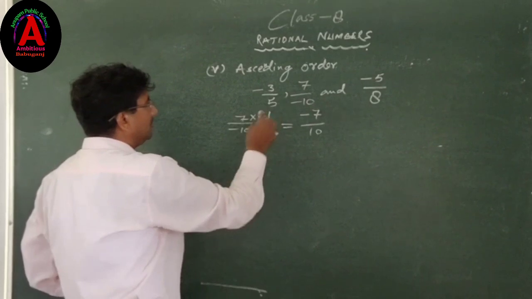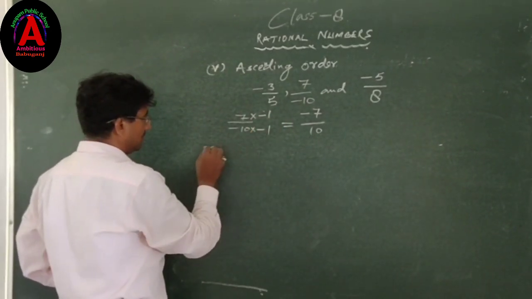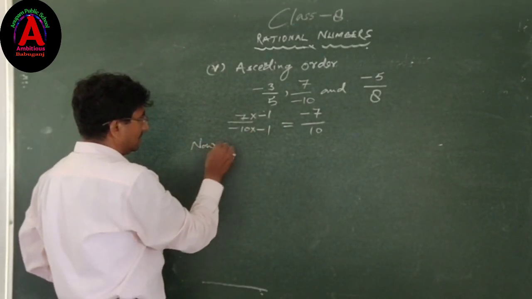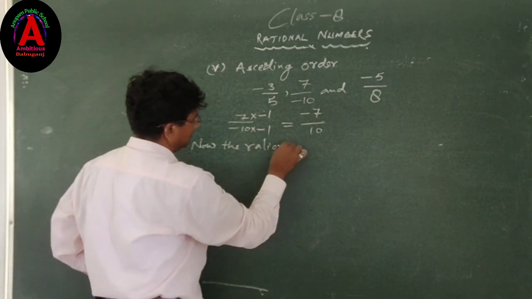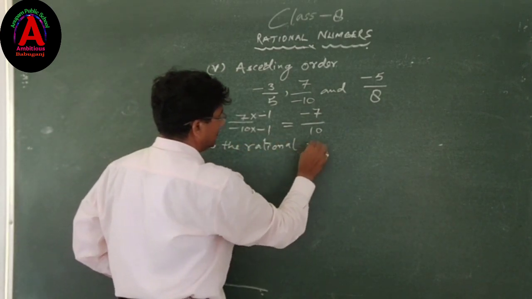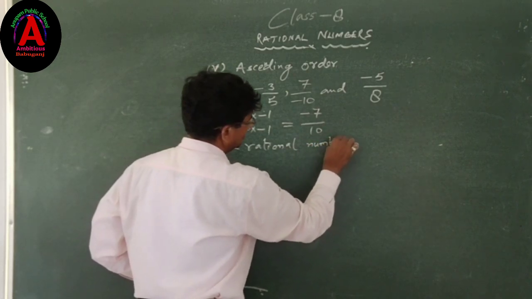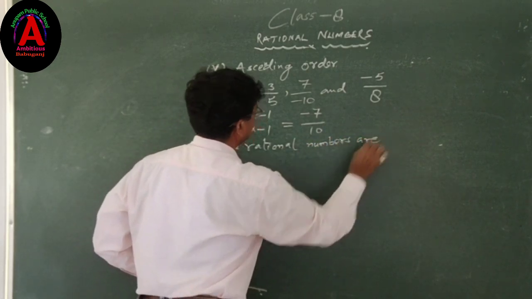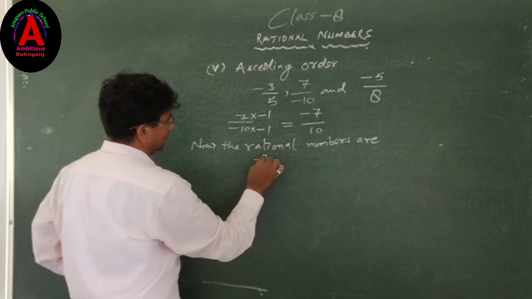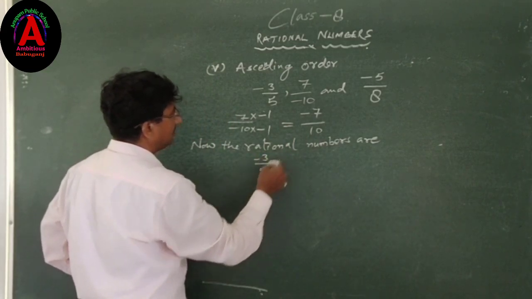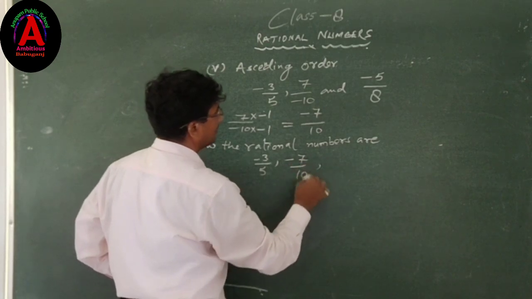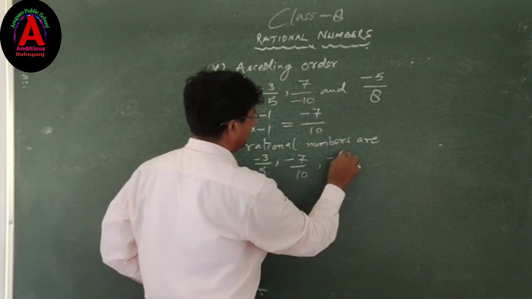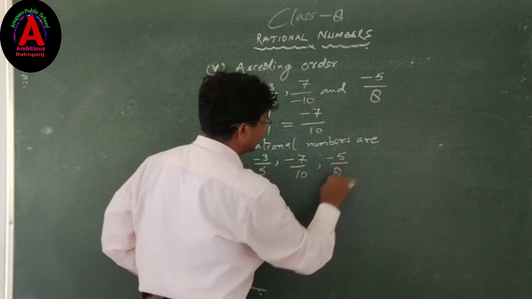So now all denominators are positive, and the rational numbers are minus 3 by 5, minus 7 by 10 and minus 5 by 8.